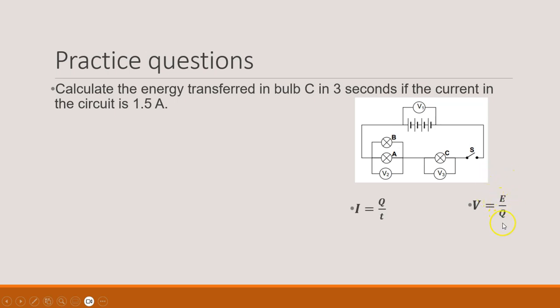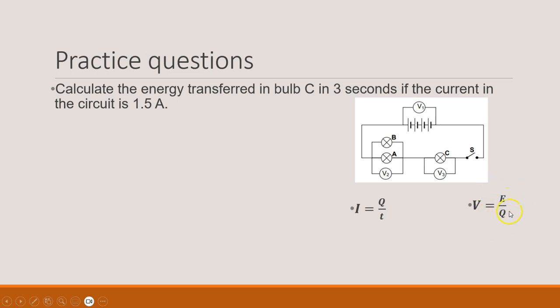For that, we need the voltage across light bulb C, which we have, and we need the charge, which we don't have. So we can't work with this formula quite yet. We are not able to calculate the energy transferred quite yet.